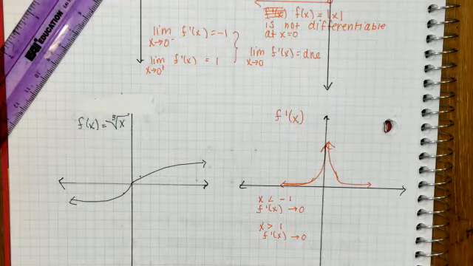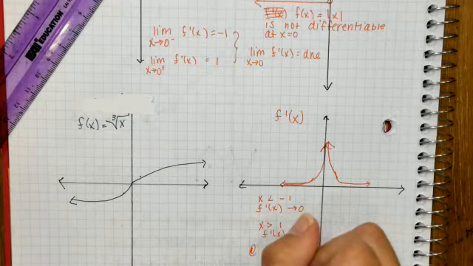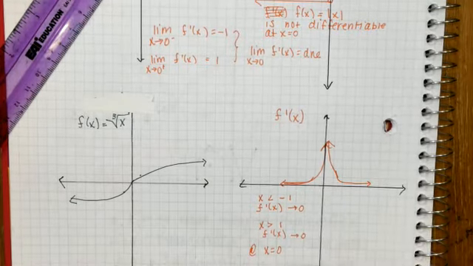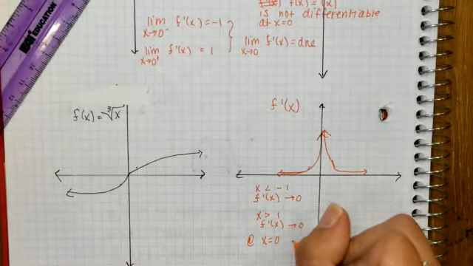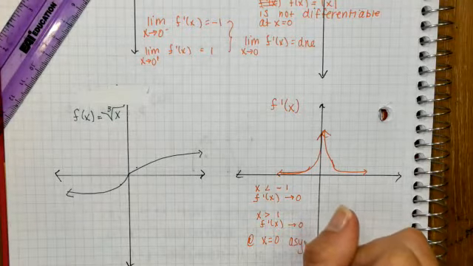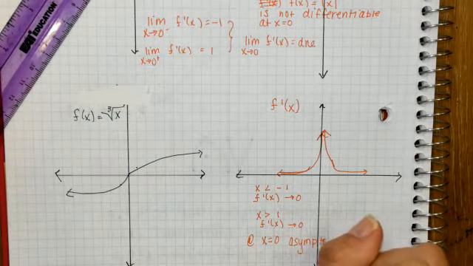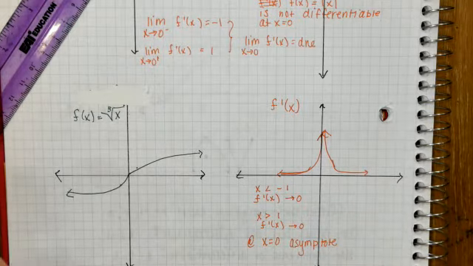So what's happening at 0? At x equals 0, we have an asymptote.